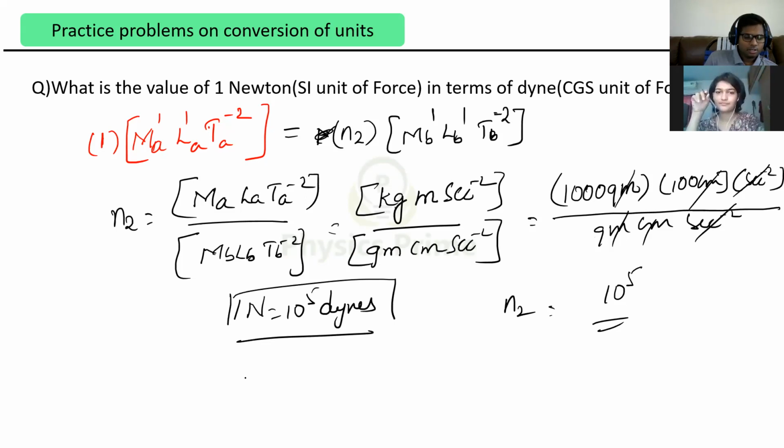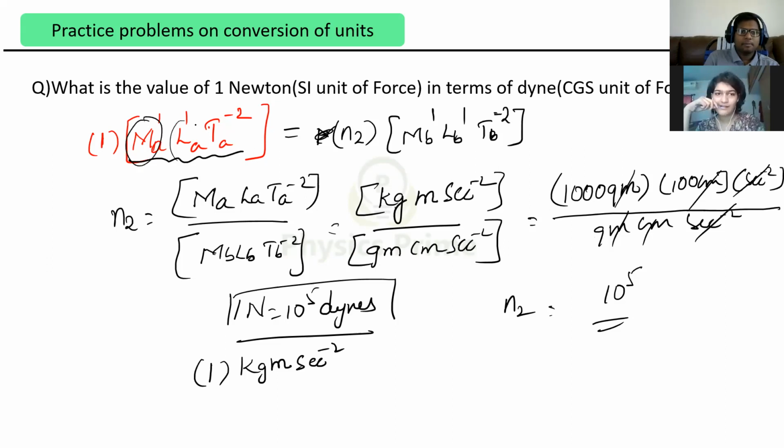Otherwise, what will they do? SI unit. One Newton is nothing but kg meter per second inverse 2. From the dimensional formula also you can write, force into acceleration, ML T to the power minus 2, means kg meter per second inverse 2. Got it?